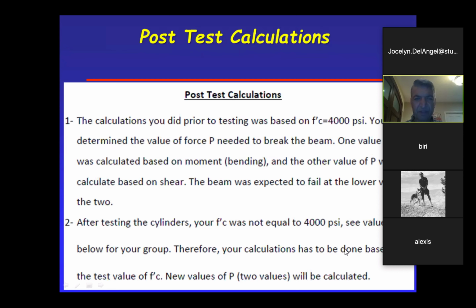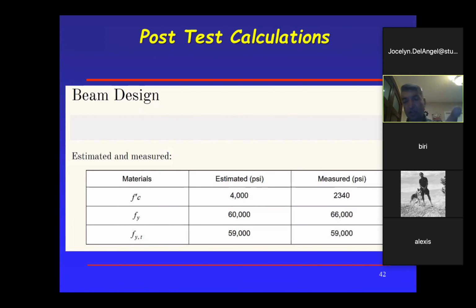So you do that. And then again, it's shown to you in the presentation I showed you before for the lab. You also have that. So there you go. The F prime C was estimated at 4,000. We measured 2340.